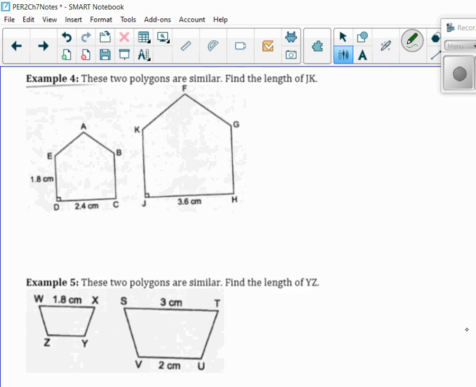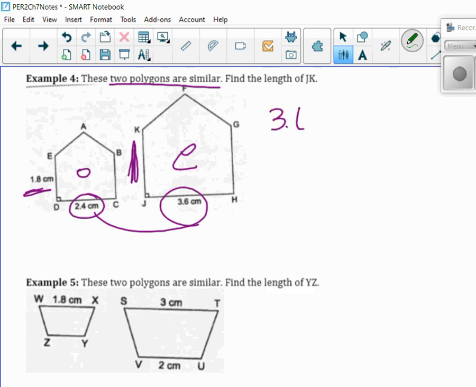Example 4, these two are similar, find JK. Again, they're stating that they're similar, so you don't have to test it, they've told you. This side corresponds with this side. So JK right here corresponds with that. I'm going to make this the enlargement, this the original. So 3.6 divided by 2.4, because they're the same scale factor.